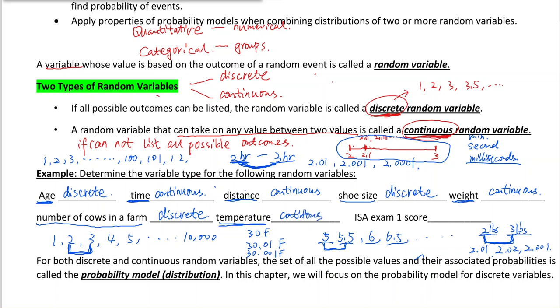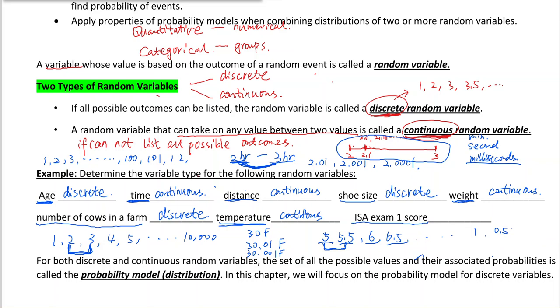Next one, ISA exam 1 score. Each question will be either a whole integer value, for example 1 credit, or I can give you half credit, 0.5.